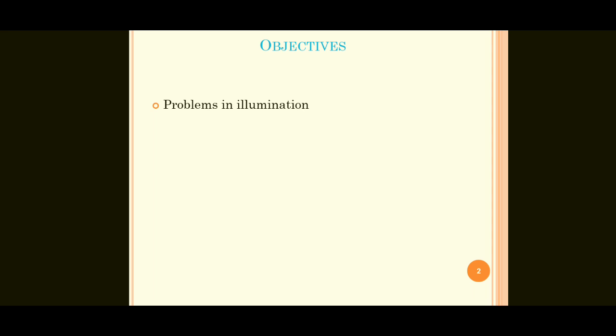So what is the relation between plane angles, solid angles, mean spherical candle power and mean hemispherical candle power?